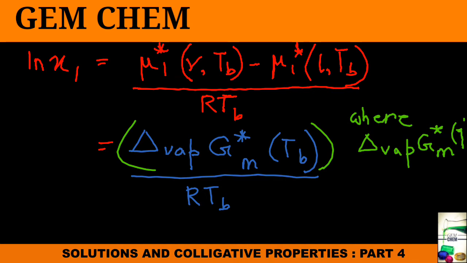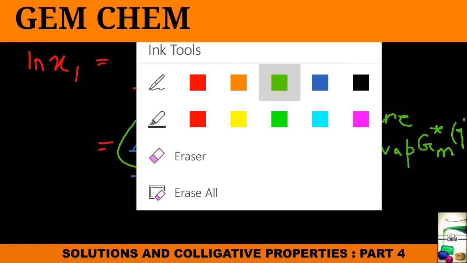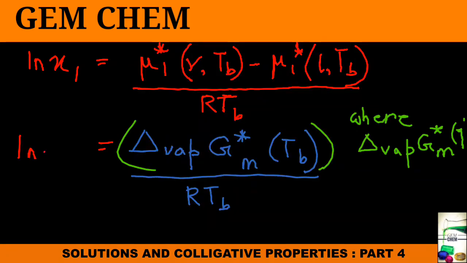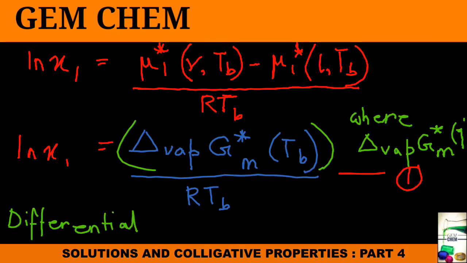Now, this equation which we got previously as equation 1, ln x1, this is our equation 1, and we will differentiate this equation with respect to x.